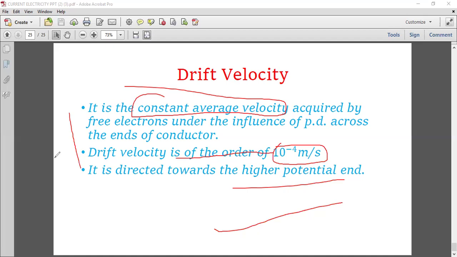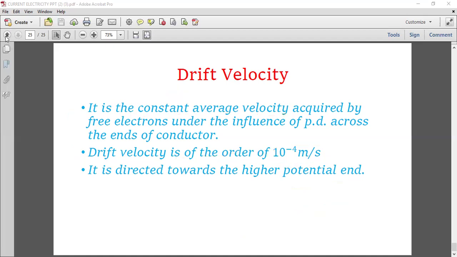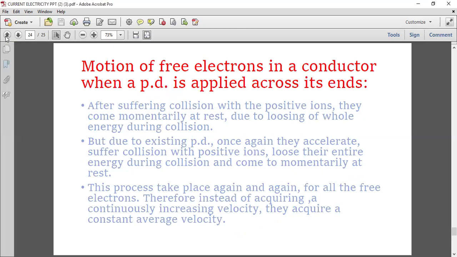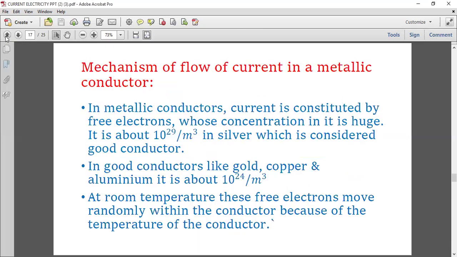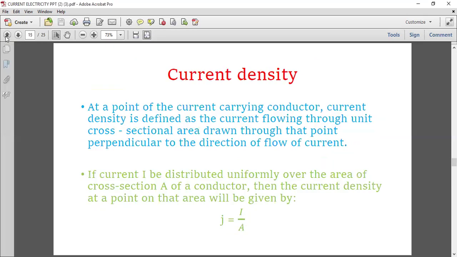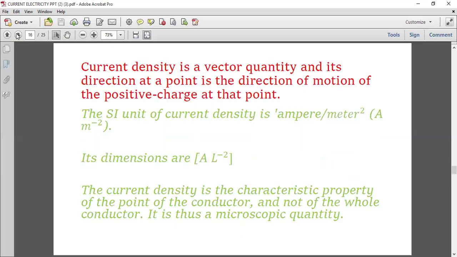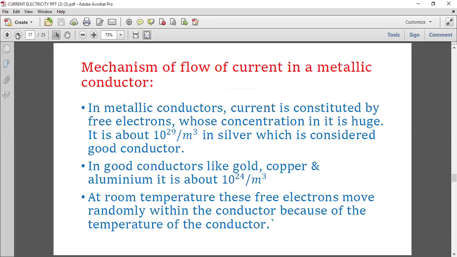It's clear. So you can go through these slides. This is drift velocity. Showing once again from the beginning. Current density. Then this is also about current density unit. It is a vector quantity. It is the characteristic property of a point.